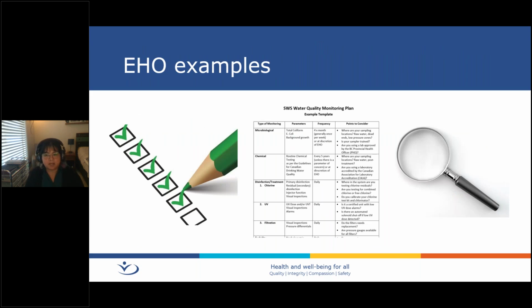I just have some examples where monitoring or documentation can be helpful in an investigation. So in one example, a water user complains about the color and taste of the water. And the water supplier can do a couple things to investigate the issue: check the system from source to tap if possible.